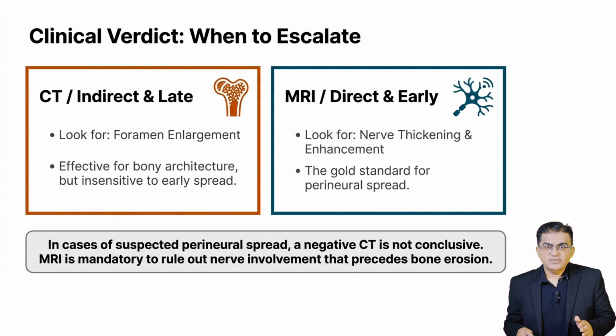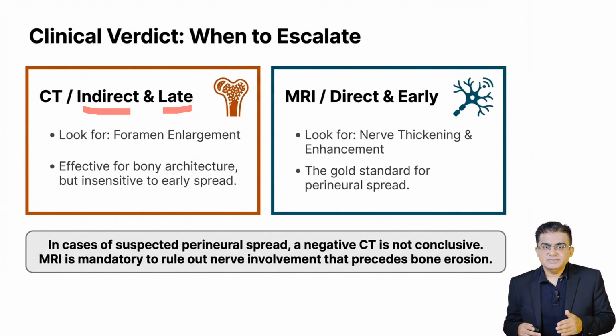Alright, so here is your final clinical verdict. I want you to burn this into your memory and recall it every single time you evaluate a patient for nerve involvement. Look at the comparison on your screen. CT depends on indirect signs of perineural invasion and it is late.